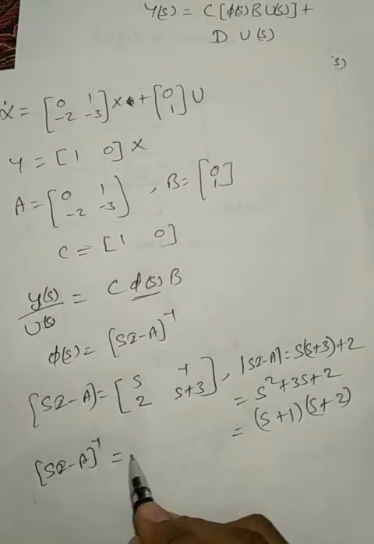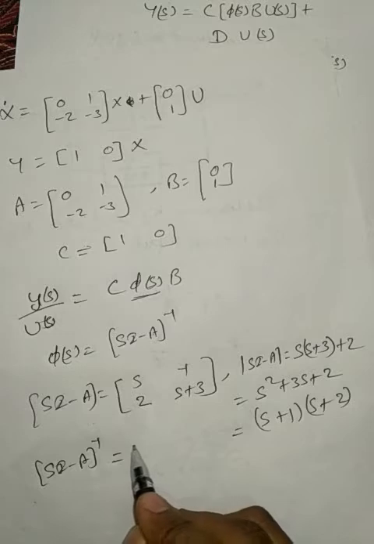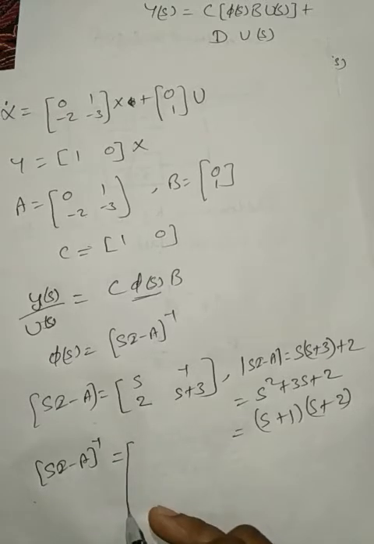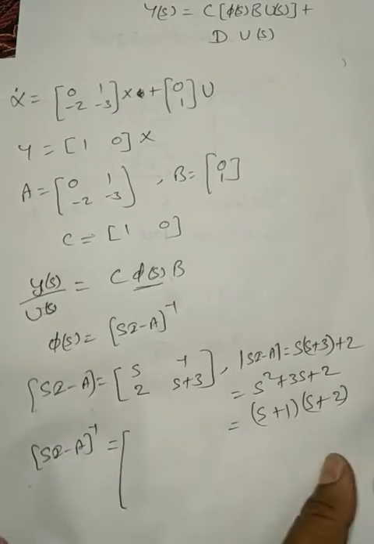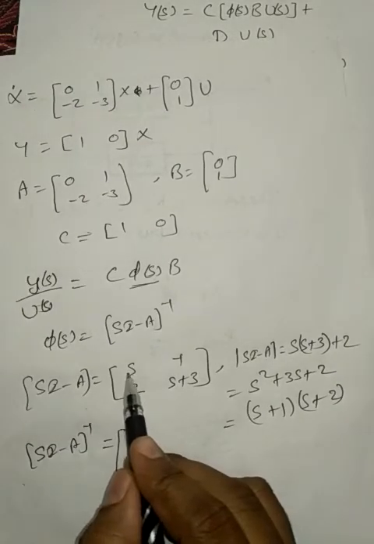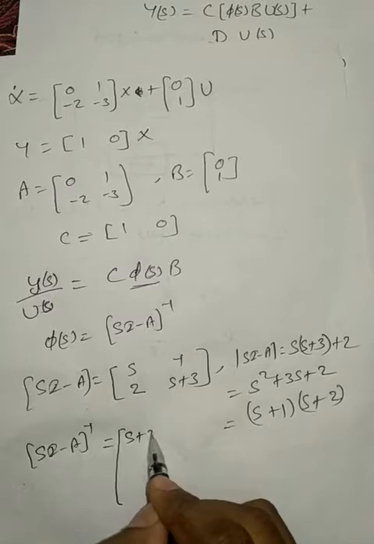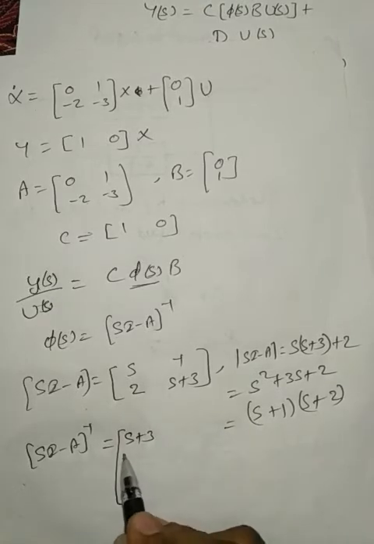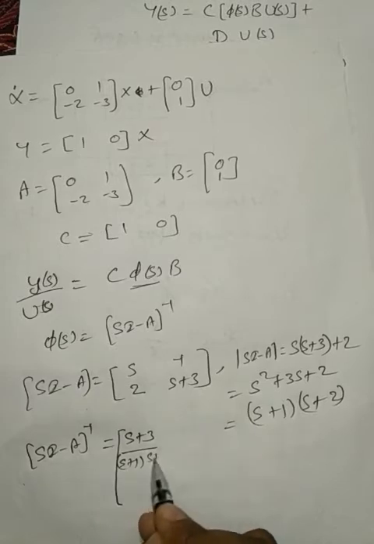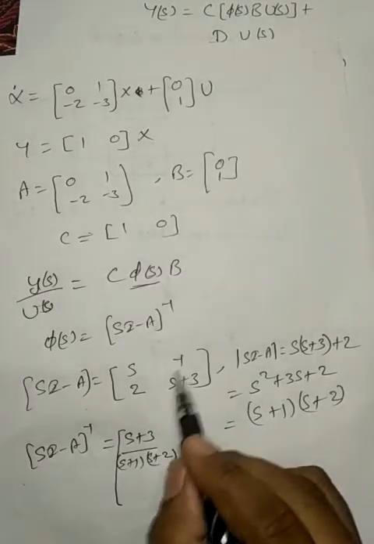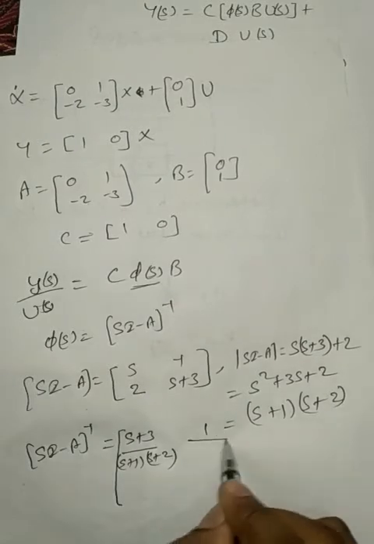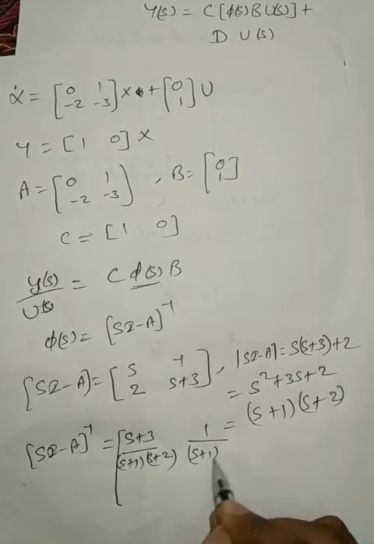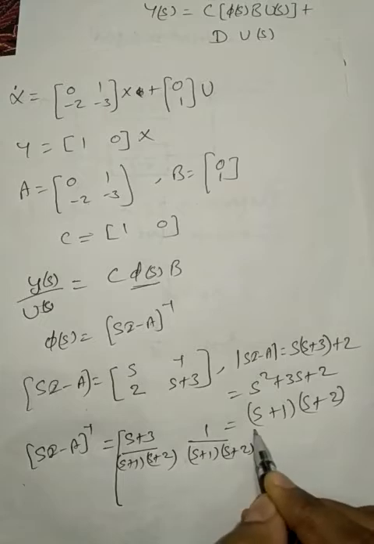So what will be the inverse? The inverse of sI minus A will be: in the place of s we write s plus 3, this is the short trick, divided by the determinant (s plus 1)(s plus 2). Here, since it is minus 1, this will be plus 1, 1 divided by (s plus 1)(s plus 2).